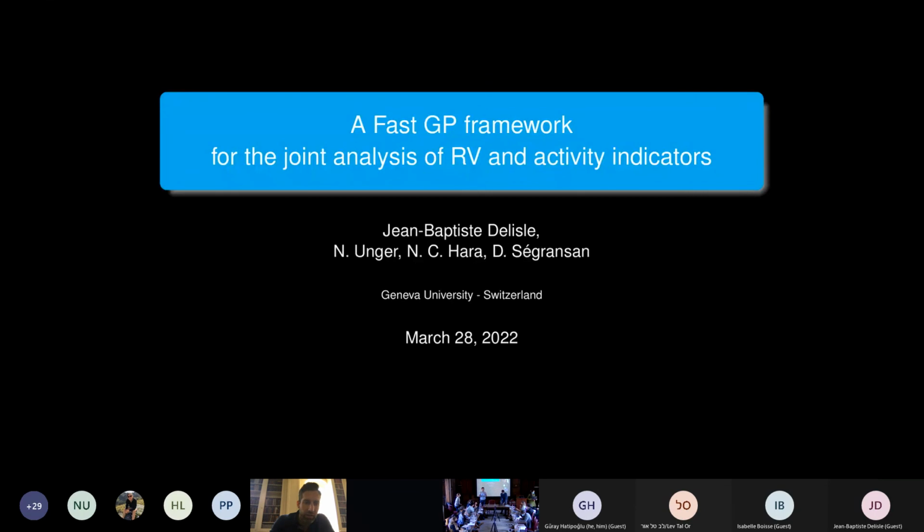But for RVs, the induced RV will be different if the spot is in the red shifted part of the star or in the blue shifted part. So if you have an activity indicator that cannot feel in which of the two hemispheres of the star the spot is, then this will likely be a photometric-like activity indicator. For example, with the calcium lines, it doesn't really matter in which part it is. You only get the flux there.